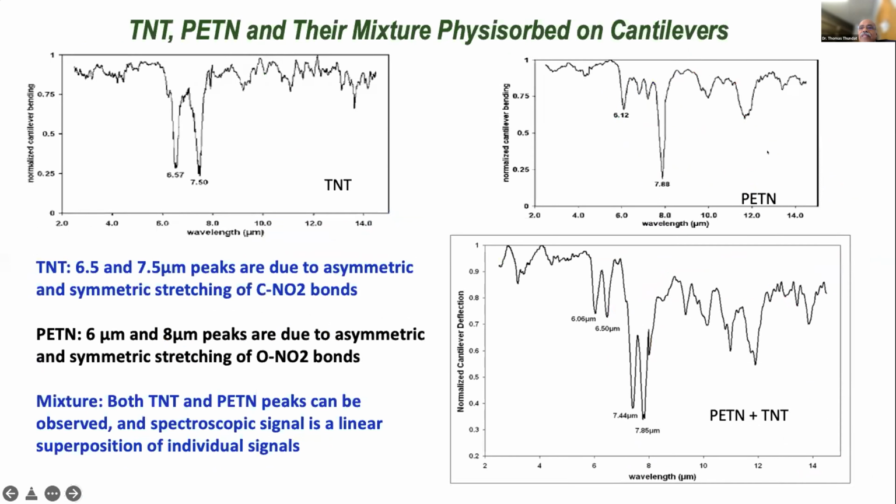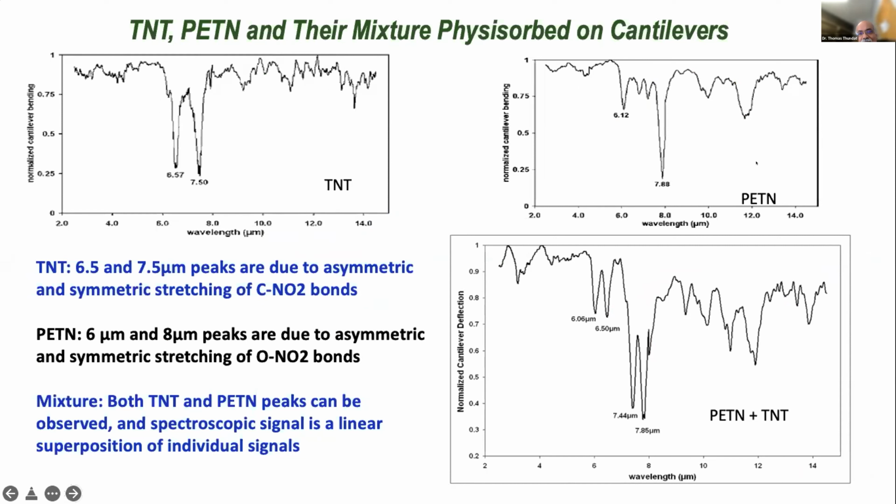This is PETN, which is another explosive, again absorbed from the vapor phase, and you can see the very beautiful curve, the mechanical spectrum. Now you can use TNT and PETN vapor adsorbed on the cantilever and expose it to different wavelengths. Again, it looks like a linear combination of the TNT and PETN spectra.